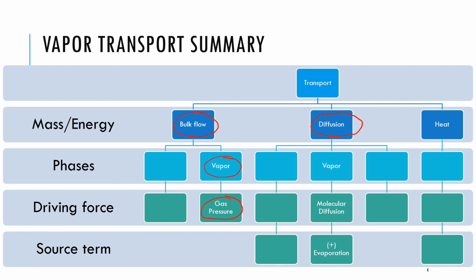The driving force is gas pressure, and diffusion of vapor is that from molecular diffusion. And then finally we also have a source term, which is positive because vapor is being generated.